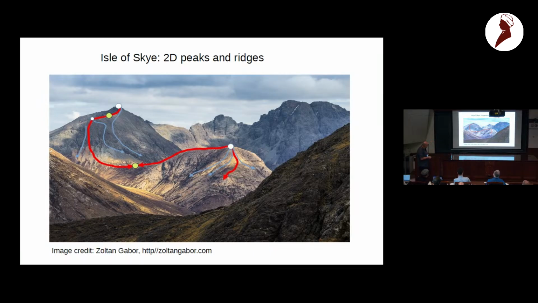What is important is that every filamentary connector from peak to peak goes through a saddle point, like in the mountains. There are two peaks here and a saddle point, and that is their connection.